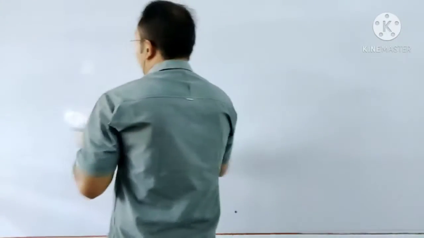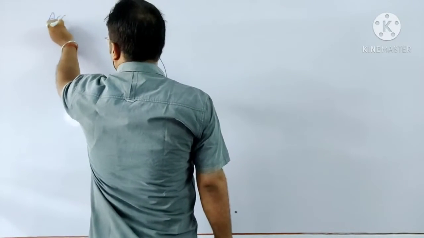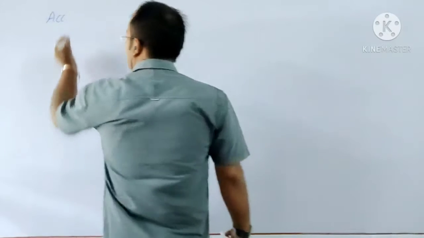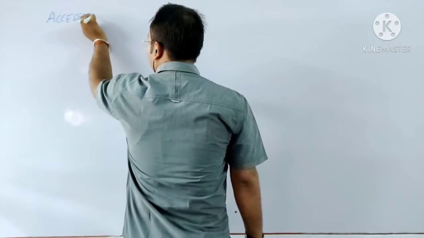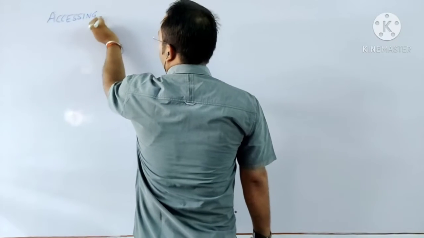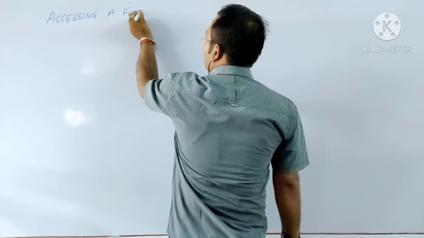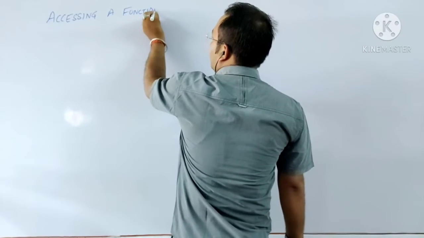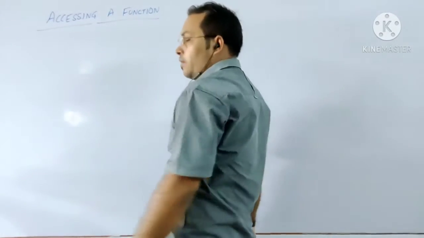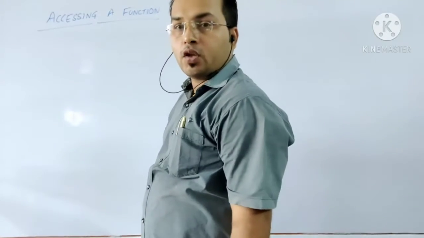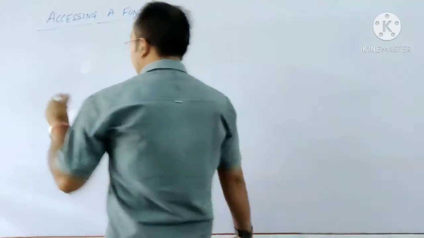Here I am going to make a small program; accessing a function is my heading. I told you in my live class how to access a function, but I still want to tell you in the video class also.